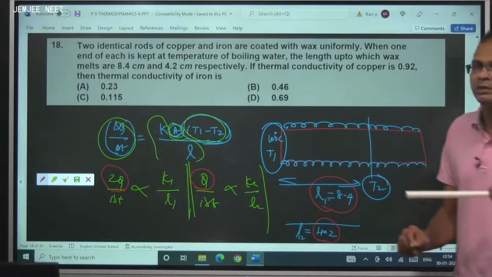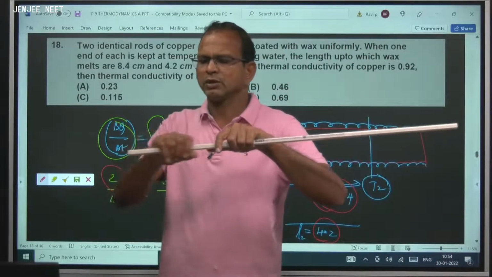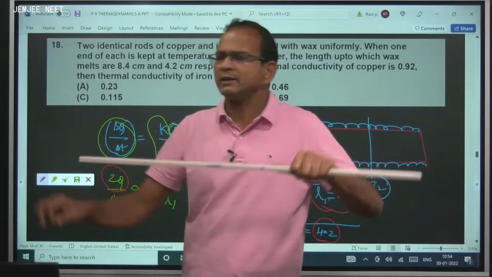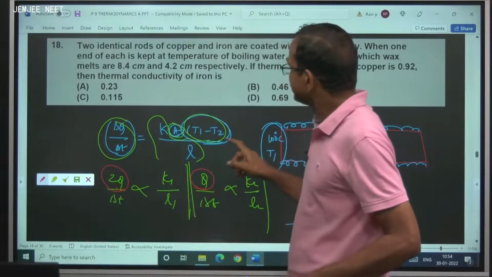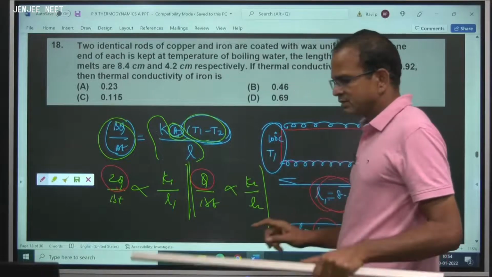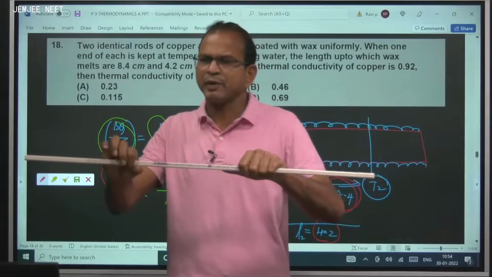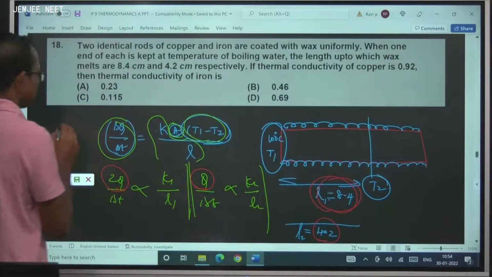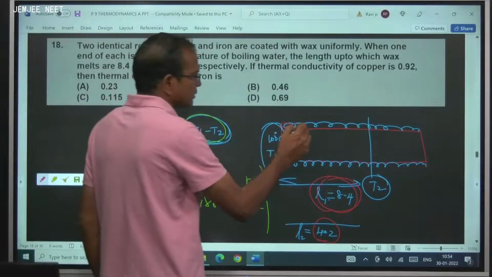Look at this, the rod coated with wax. How much length of wax has melted in the first rod? 8.4. In the second case, it melted only 50% of that, 4.2. This is the coating.